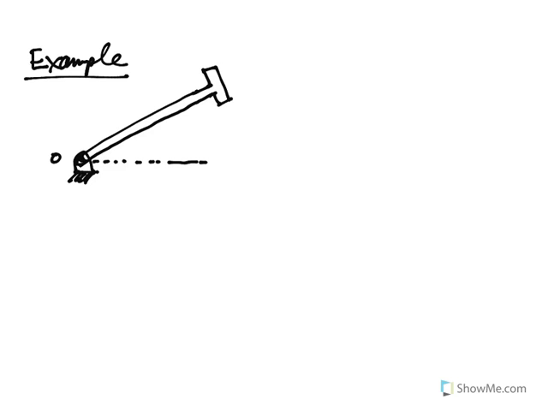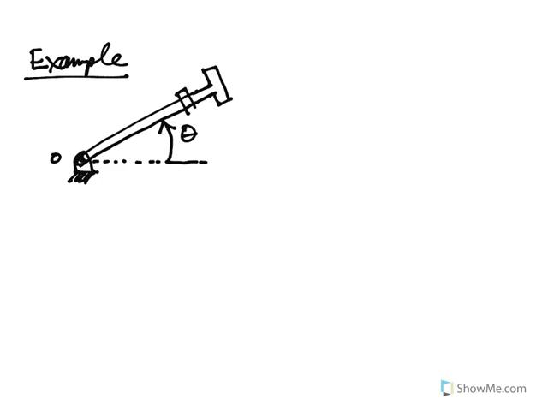Imagine that we have an arm which is hinged at a point O. O is the hinge point, and that hinge point is fixed to the ground. The arm rotates in the plane, and the angle that describes the rotation relative to the ground is the angle theta.